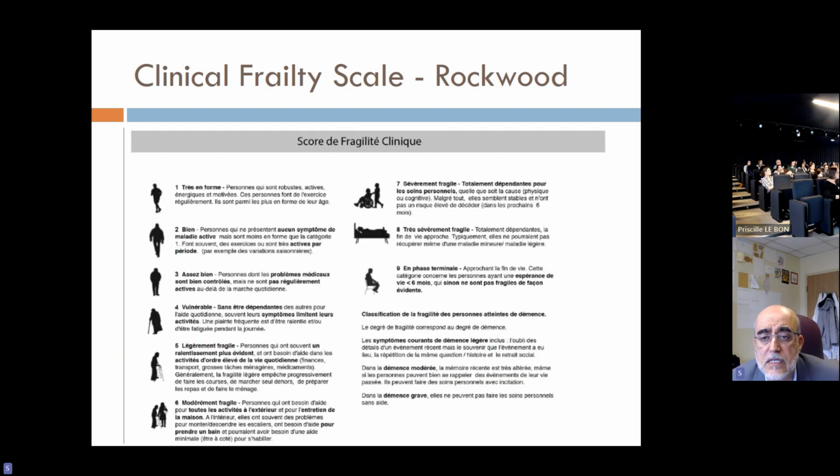So this is the score de fragilité clinique, and you will see, par exemple, for those who have a score of 1, they are well, they are not frail or pre-frail, they are robust, they're active, énergique, motivés. These people are actively exercising, and they look well and fit for their age. On the other end of the spectrum, we have, for example, a score of 9 en phase terminale.